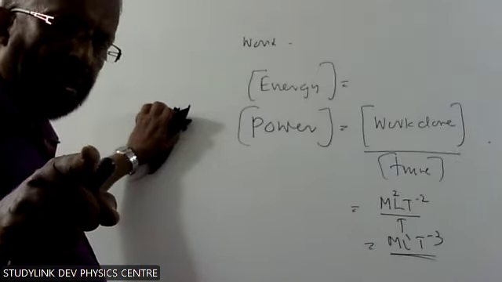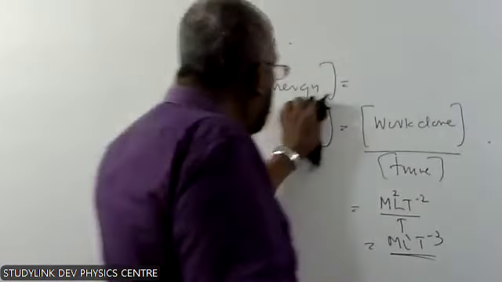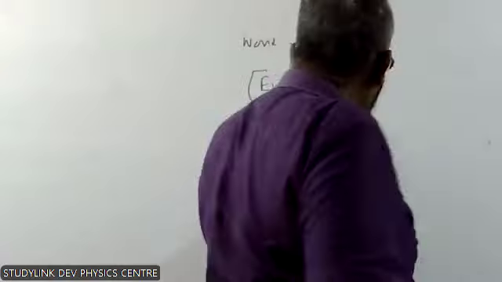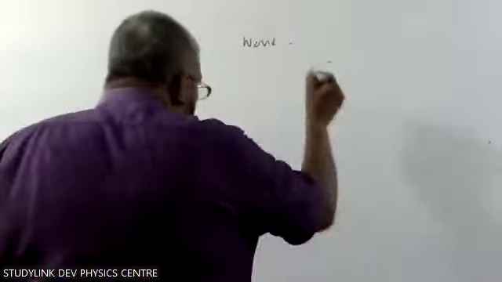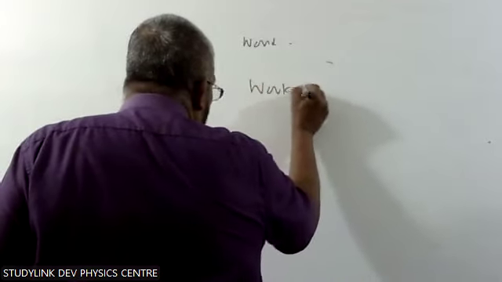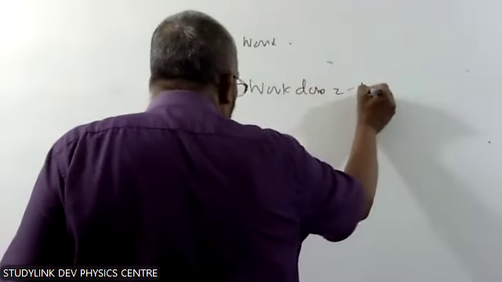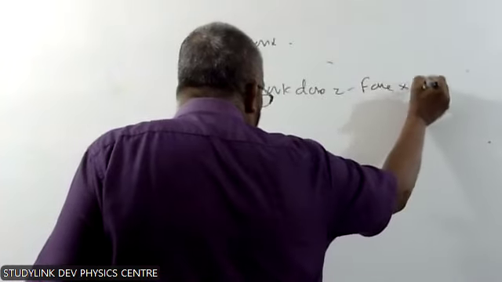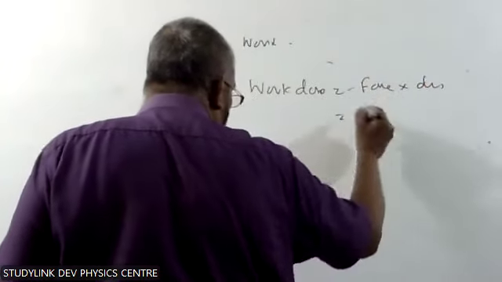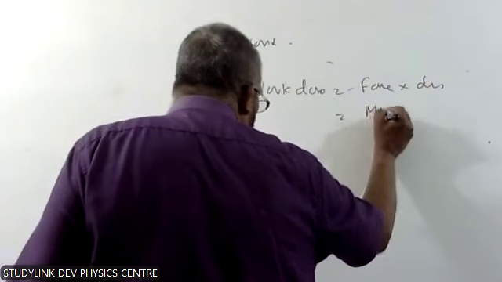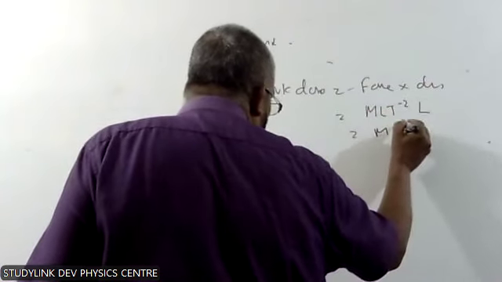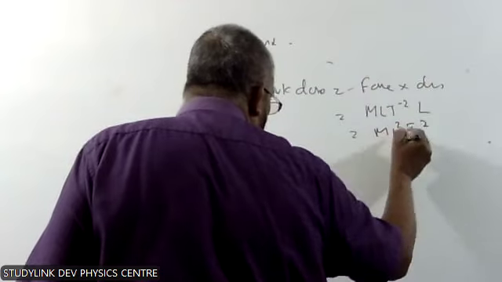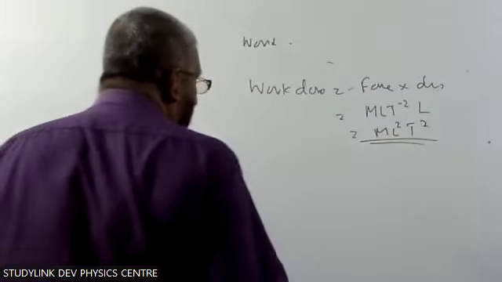Yeah, can you tell me the early one? Energy. So dimensions of work done, force into displacement. We wrote it there. Force is MLT minus 2 into L, ML square T minus 2. That is work done.